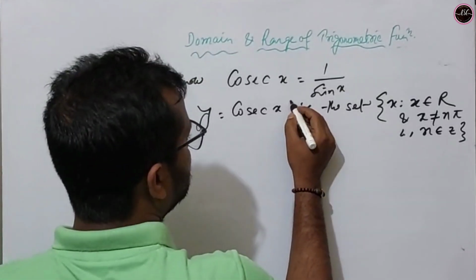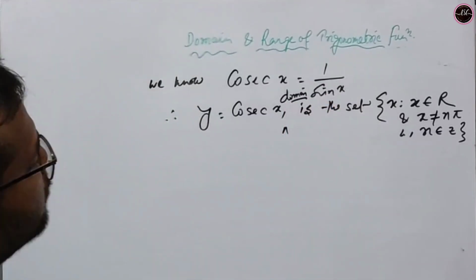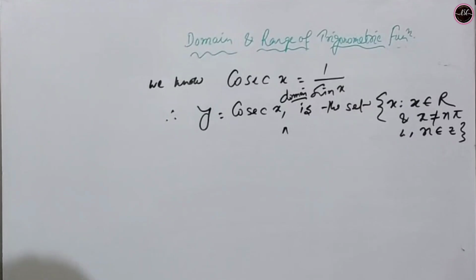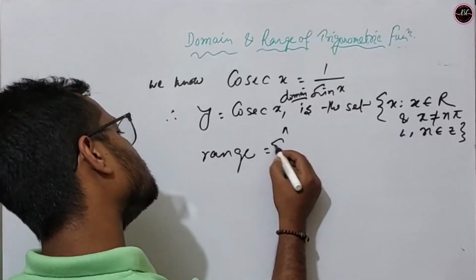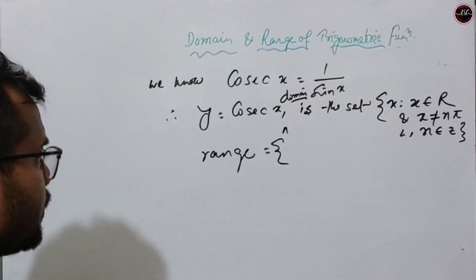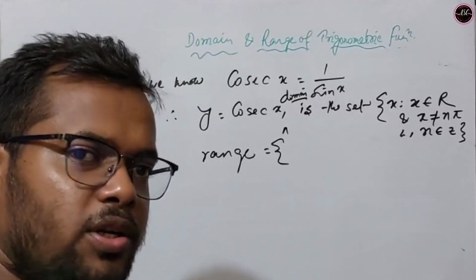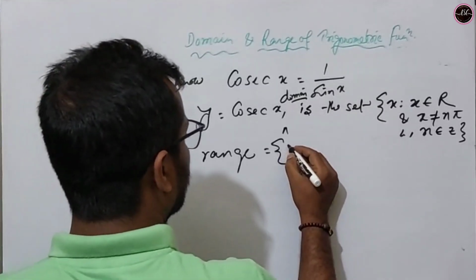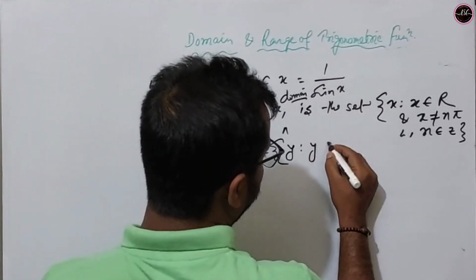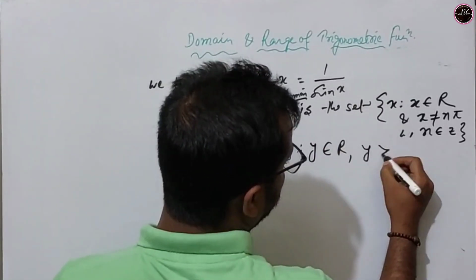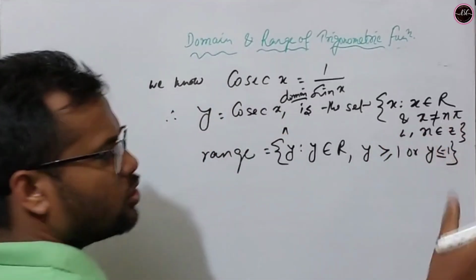And the range: sin x cannot be 0, so obviously y is not 0. The range is y belonging to R where y is greater than or equal to 1 or y is less than or equal to minus 1, except 0.